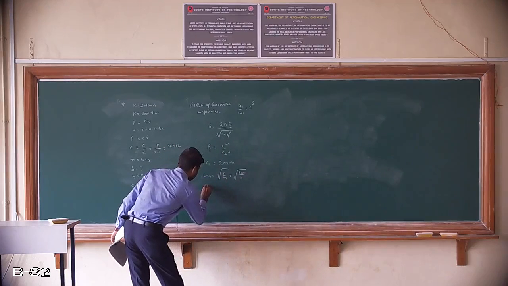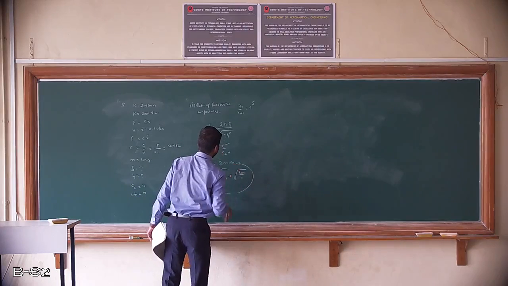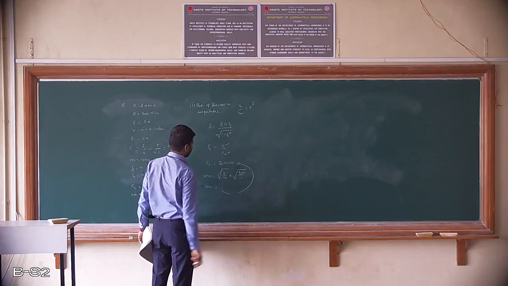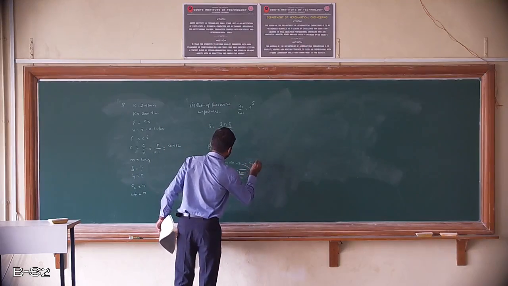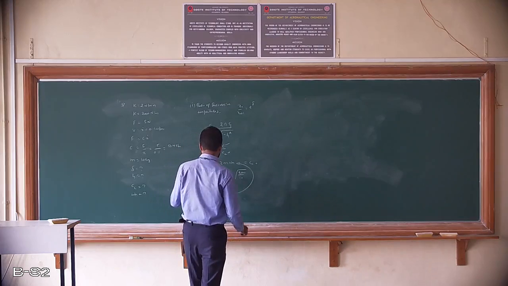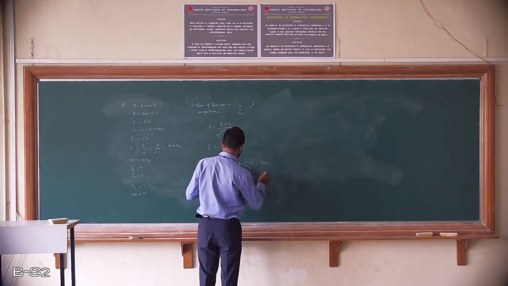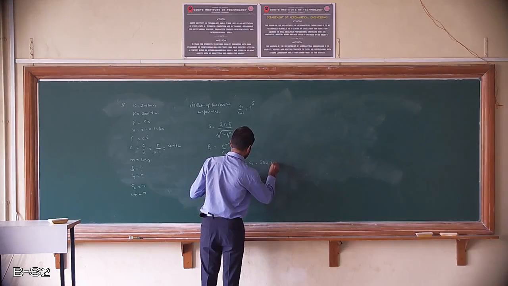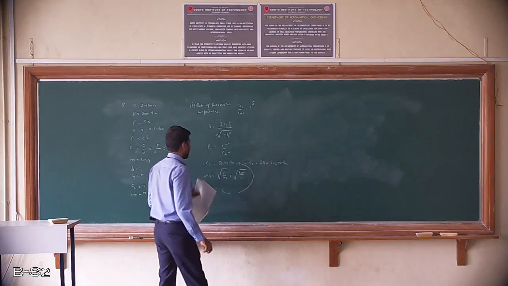You can find out the value of omega n. Then you can substitute that value of omega into the equation of Cc is equal to 2m into omega n, and you can get the value of Cc as 282.843 Newton second per meter.